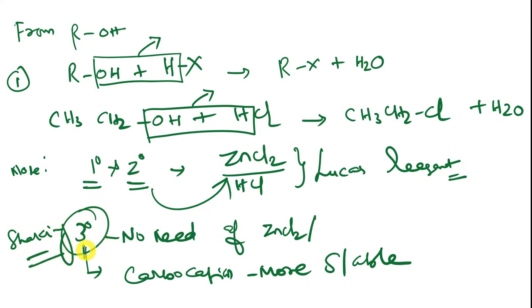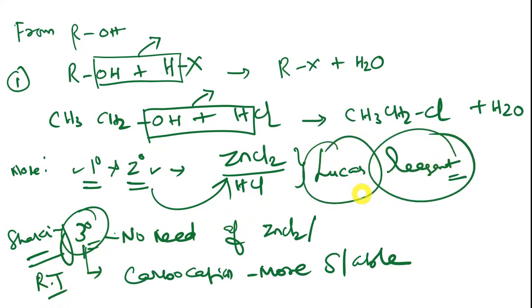Simply by shaking the alcohol with the halogen acid, we can prepare the corresponding alkyl halide in the case of tertiary alcohol. But in the case of primary and secondary alcohol, we need the Lucas reagent, and temperature is also required. But the tertiary alcohol reaction takes place at room temperature. So the Lucas reagent is used to distinguish between the alcohols. Got it? This is also an additional point.